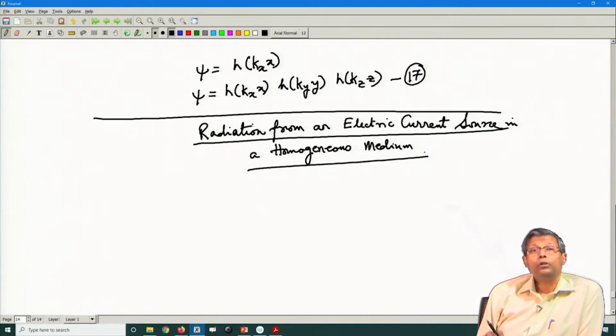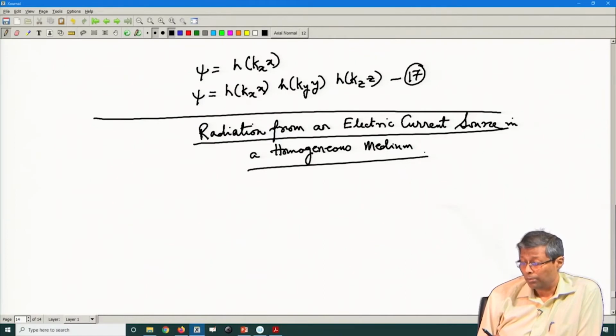Prior to this, we discussed the source free problem. So, there was no source inside the medium. We did not ask the question, when we are talking of the potential function, when we are talking of the wave equation, who excited the medium? This question was not asked.